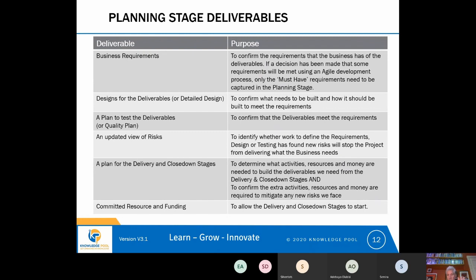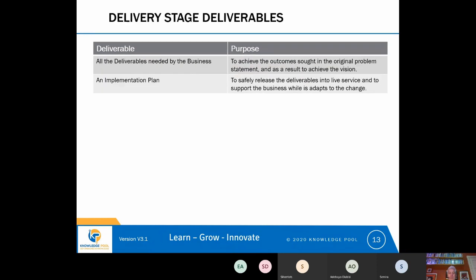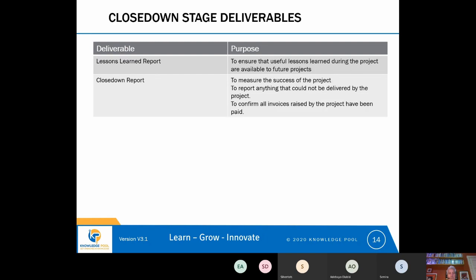I won't give you enough time to read them, but if you want to review the video on YouTube and get ahead of the game, you can, but I will set up another session to go through these deliverables because we need to understand these deliverables in a bit more detail. So these are the delivery stage deliverables. These are the closed down stage deliverables.